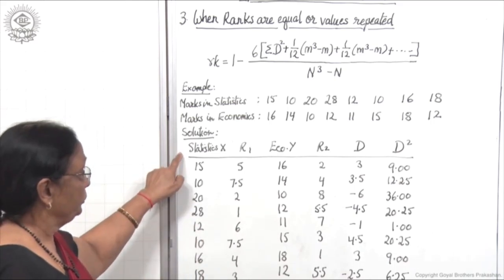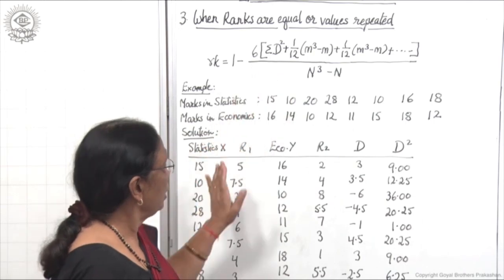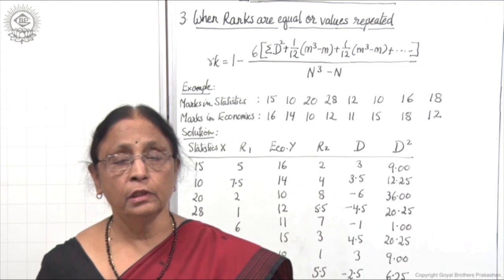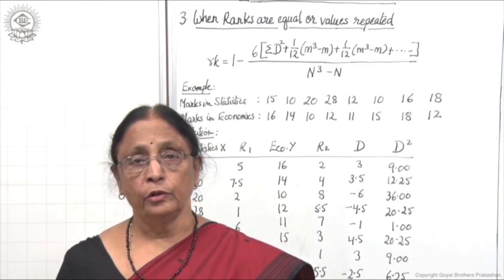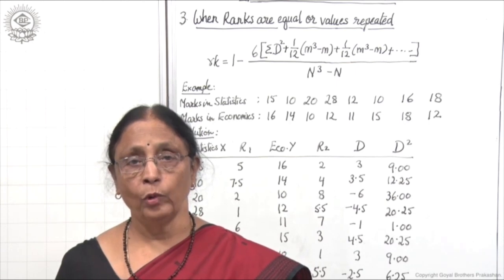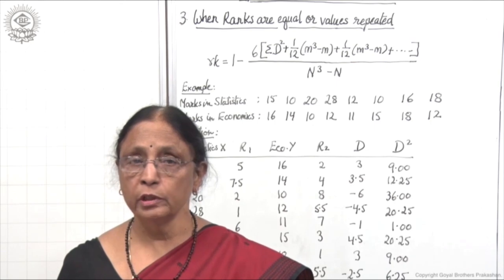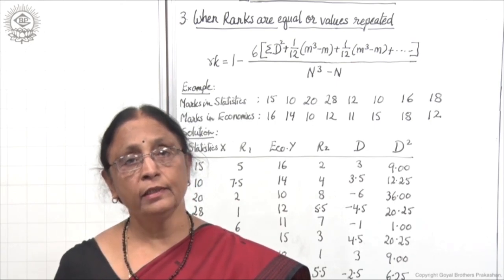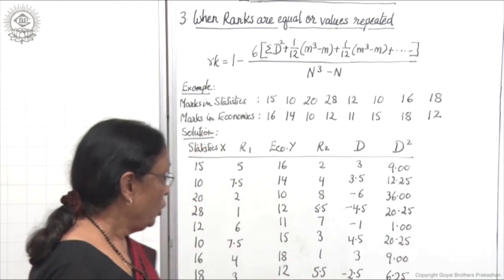Now solution. For the solution, as we have to apply this formula, we'll make these columns. These columns are similar to what you have done in the previous two situations. You have to calculate R1 and R2, and R1 minus R2, that is D, and then you have to make D square and find out sigma D square. Okay.